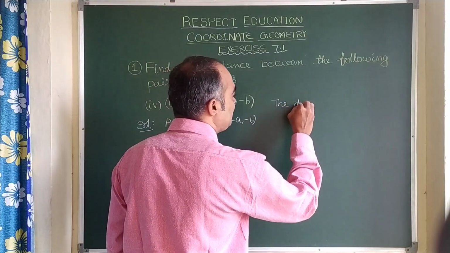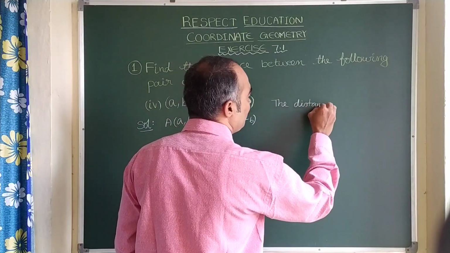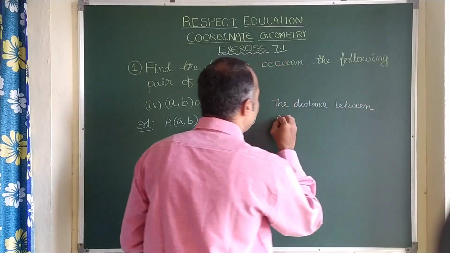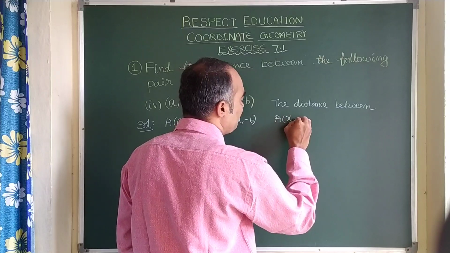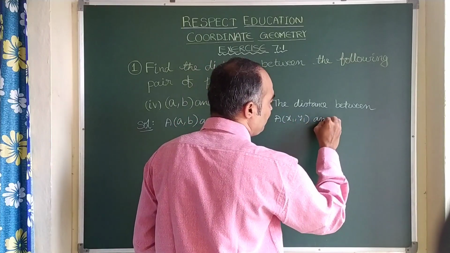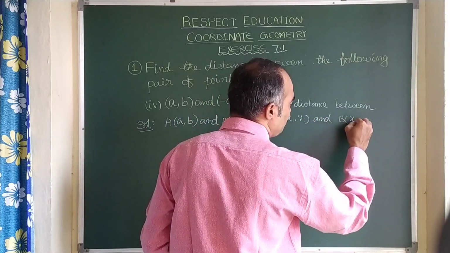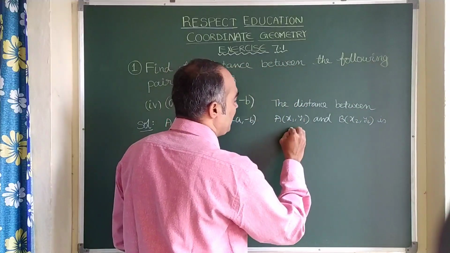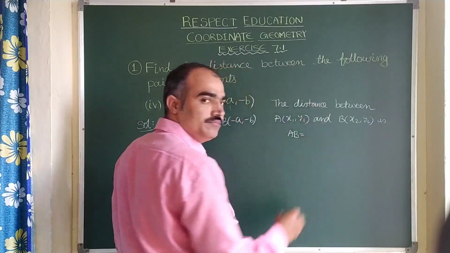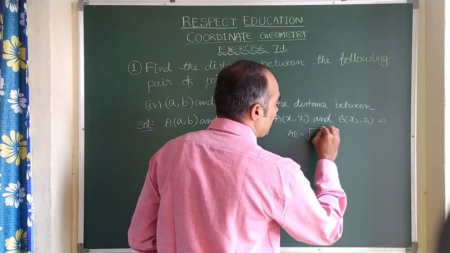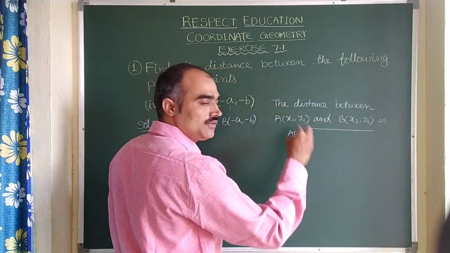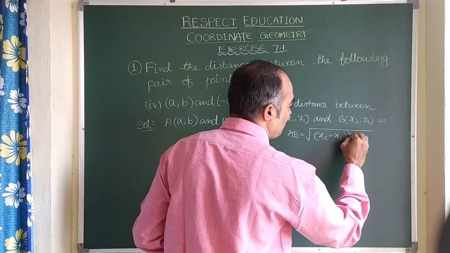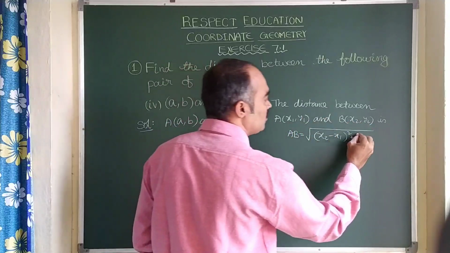The distance between A (x1, y1) and B (x2, y2) is AB equal to under root x2 minus x1 whole square plus y2 minus y1 whole square.